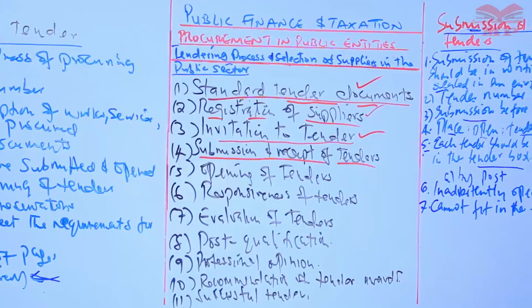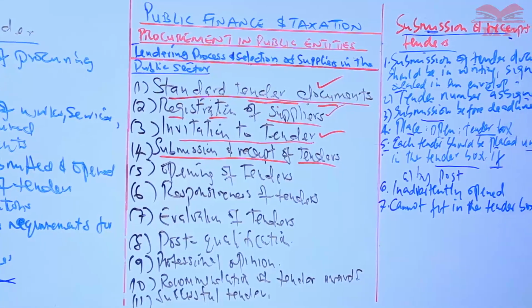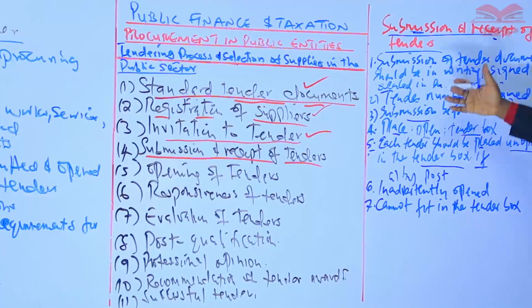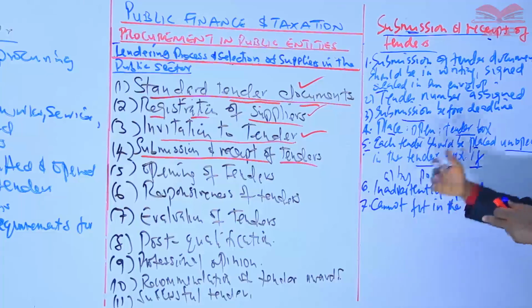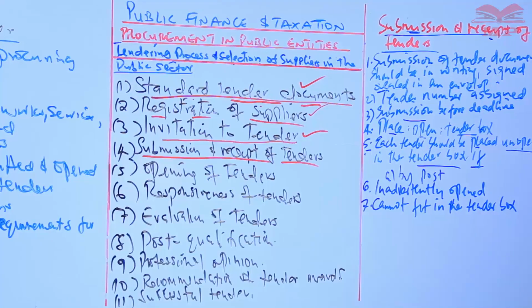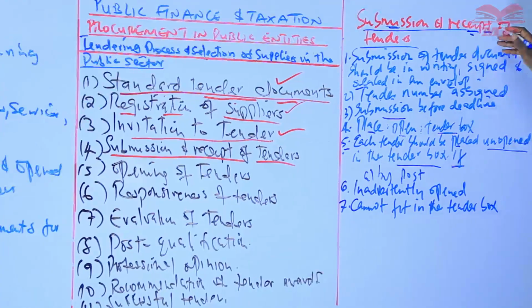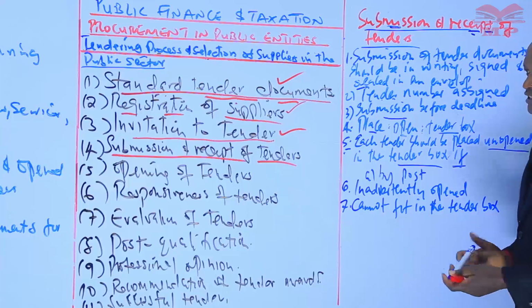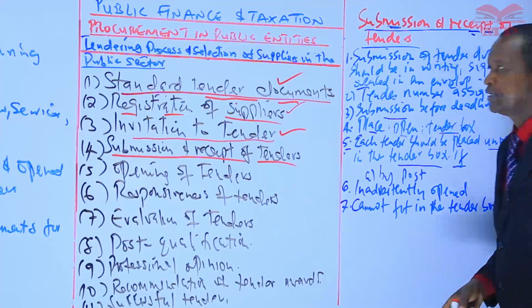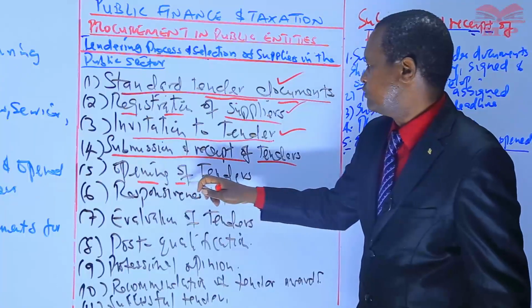That is submission and receipt. We've discussed how submission is to be made. We've discussed how the procuring entity should receive the tenders. Now, after receiving the tenders, the next obvious step in the tendering process is the opening of tenders.